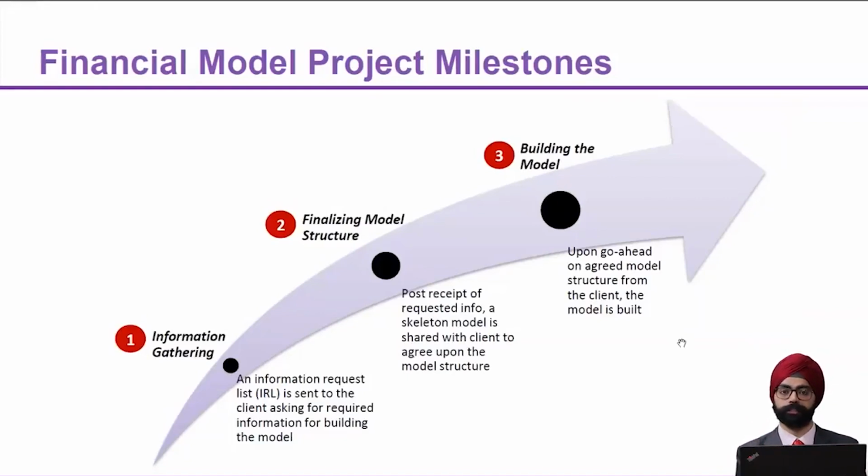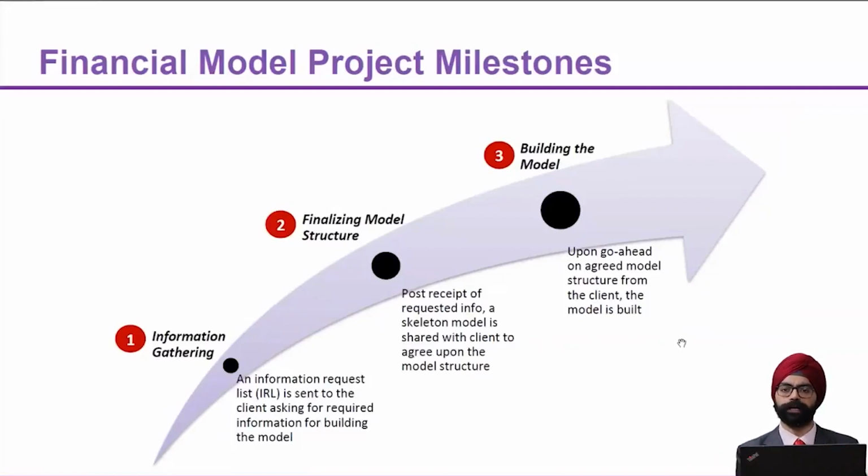Next, in the last step, build the model. Once you've got the go-ahead from your client, put the model in place, put all formulae and logics in place, because that's what you have to do. So now you have the model structure with you. You also have the basic inputs and data points with you.